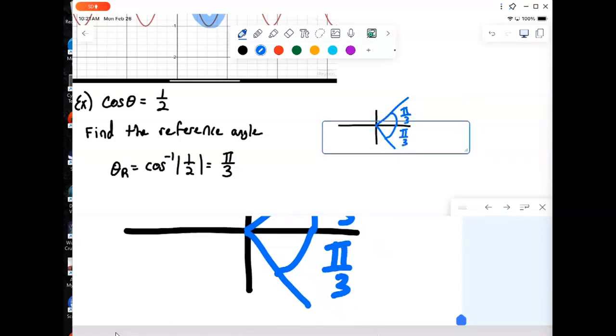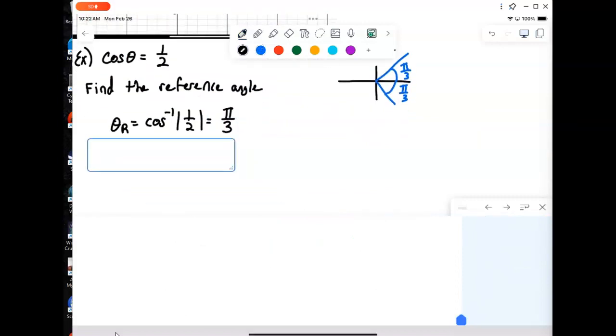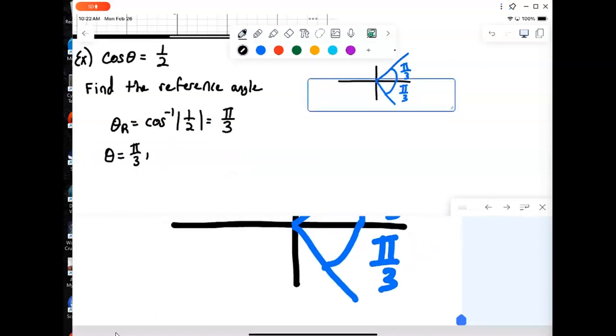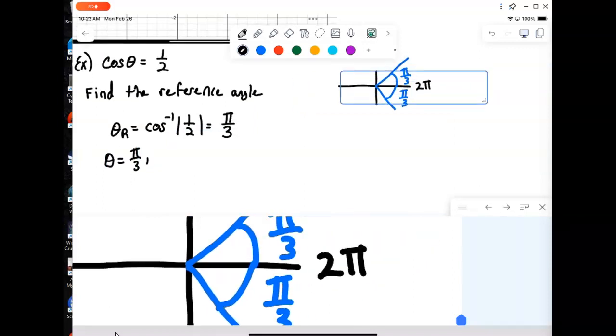And then we work out what those angles are, and those would be our two solutions between 0 and 2 pi. The one answer is in the first quadrant, so that would be pi over 3. The other answer is in the fourth quadrant, which would be short of 2 pi.